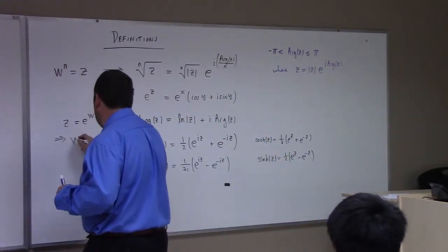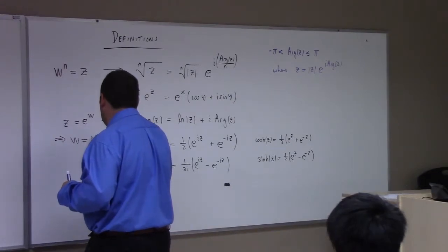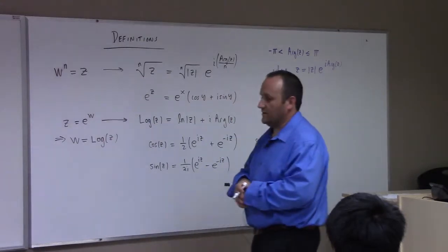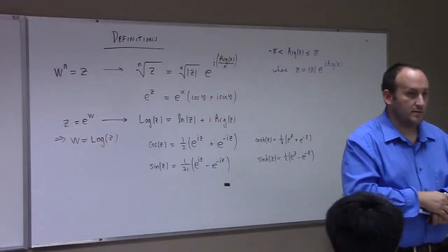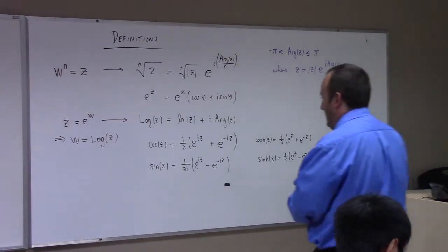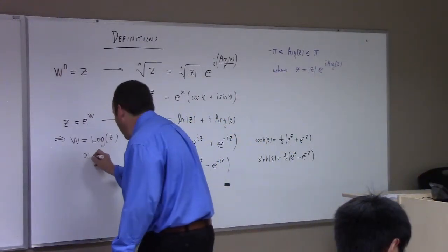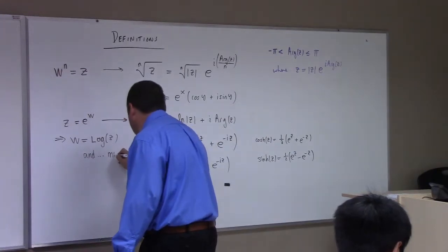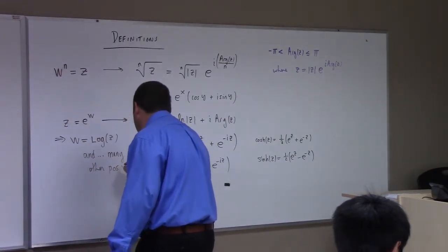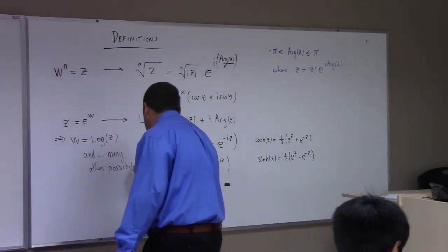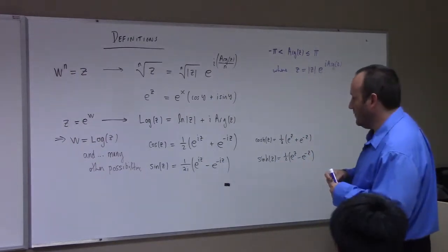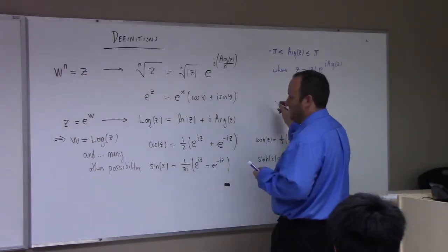This implies that w equals log z is one solution to that equation, but it's not the only one, all right? So really, this implication should be and many other possibilities. Or I could just draw the arrow in the other direction? Sure.